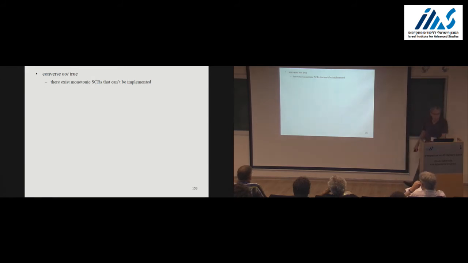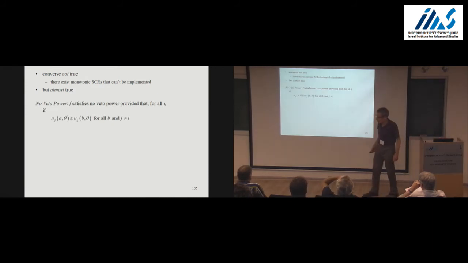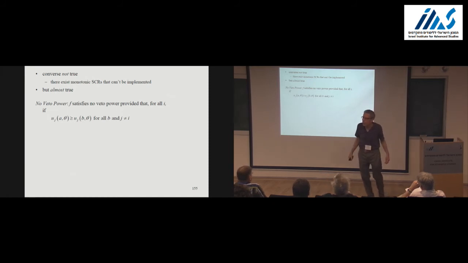And it turns out that if we impose an additional assumption, which in many settings is actually extremely weak, called no veto power, then that combined with monotonicity guarantees implementability if there are 3 or more people.